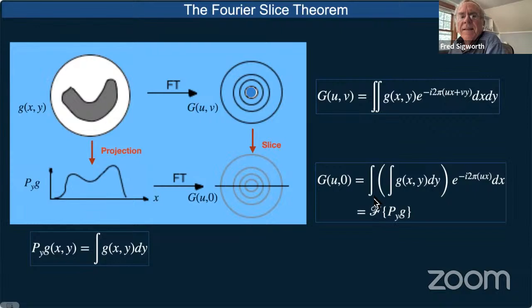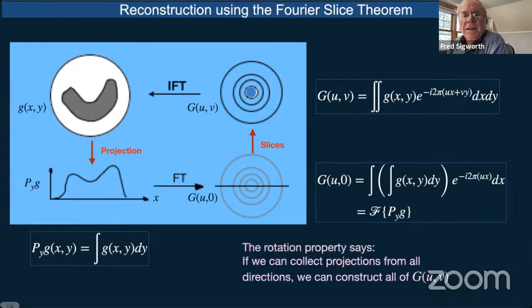So this is exactly, if you work this out, the 1D Fourier transform of the projection of that function. Now, the rotation property says that we can rotate u as we're taking these 1D projections, and as we rotate u, we're in effect rotating this thing, and that is the same as inserting slices at various angles.